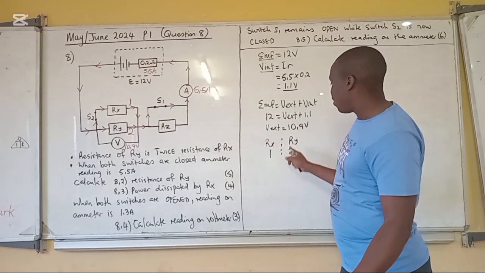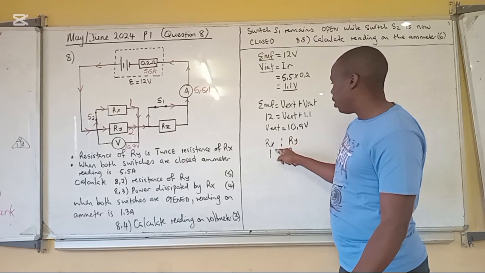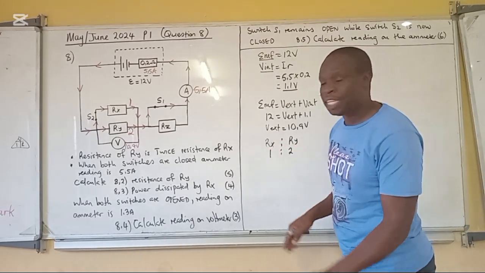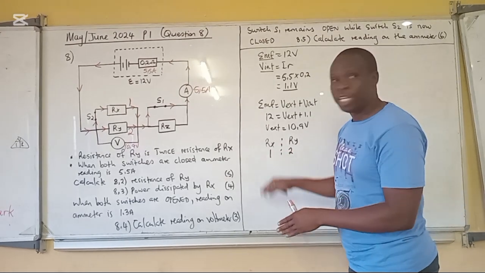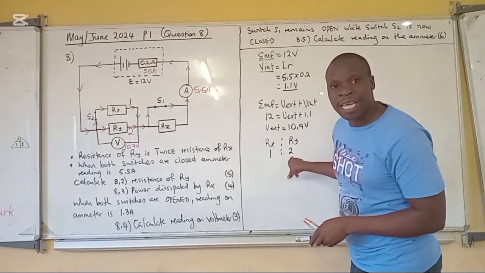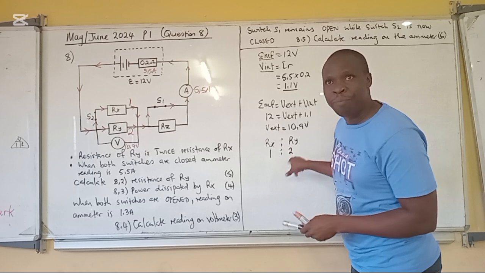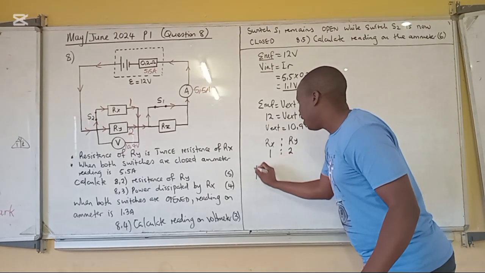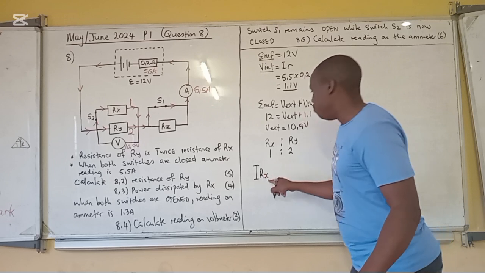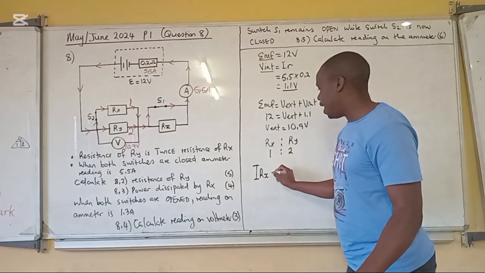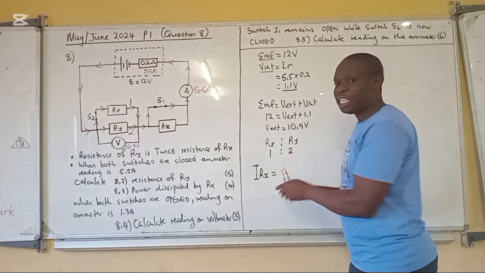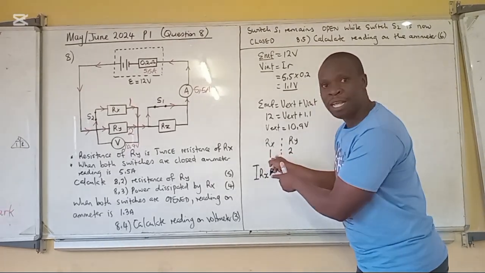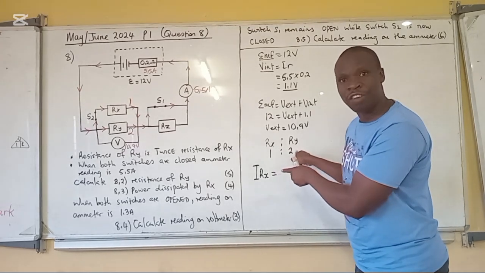Okay, so to get the amount of current flowing through Rx, the one with low resistance, we use the bigger ratio. It's a bit tricky: you are calculating the current flowing through Rx, but you have to use the bigger ratio here.